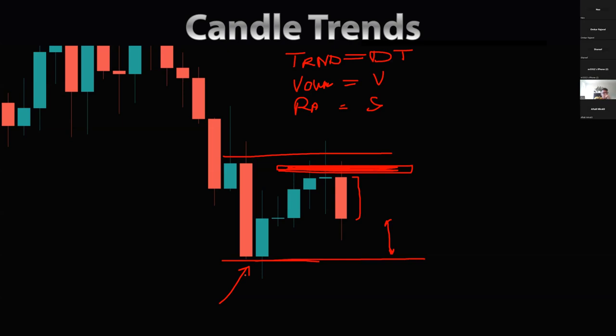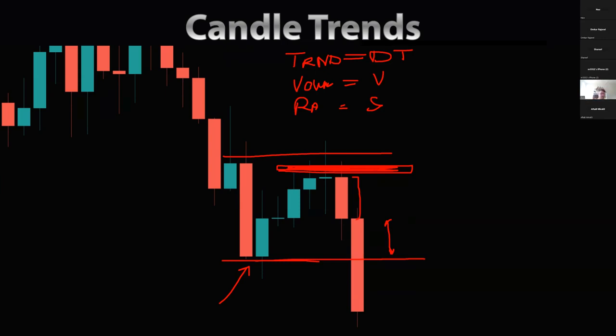So even if you don't want to take a trade, where do you think the next candle is going to go? Will it go bullish or bearish? Bearish. There's a high probability it's going to go down, even though you're not executing on it. Okay, let's take a look at what happens next.